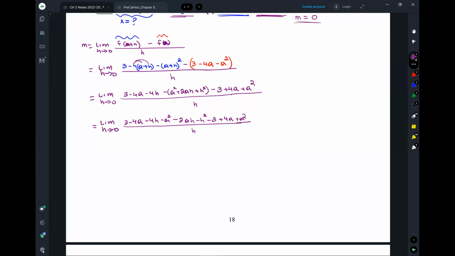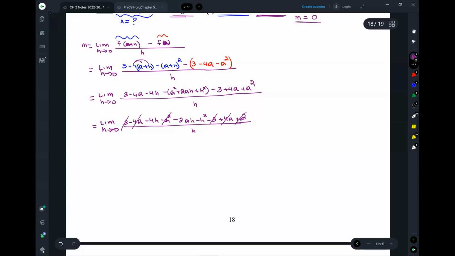The first two steps that I've written down are calculus. After this, what we're doing is more like algebra. Towards the end, the calculus will show up again. Here, you're always going to have stuff that will cancel out. Negative a squared, positive a squared goes away. Positive 3, negative 3.